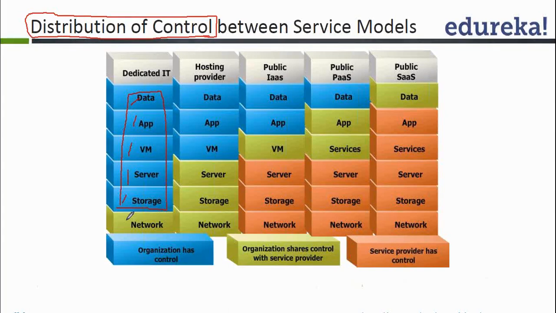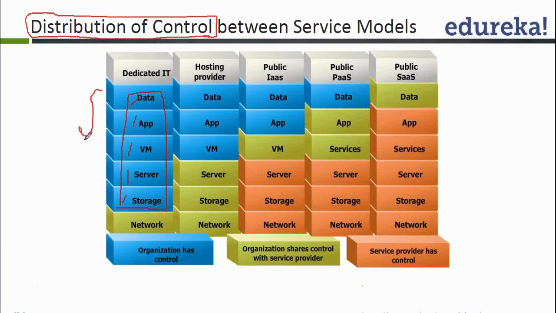Blue means only you are responsible. Orange means only the cloud provider is responsible. So with dedicated IT, you would have full control. Whatever you want to do, you have the full control. But at the same time, with great control comes great responsibility.